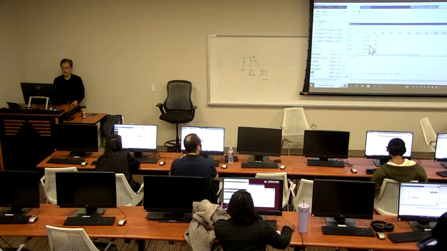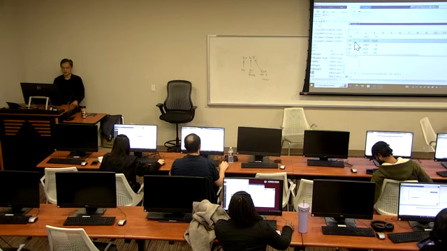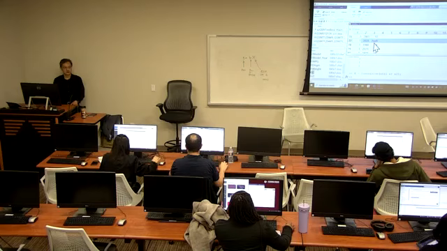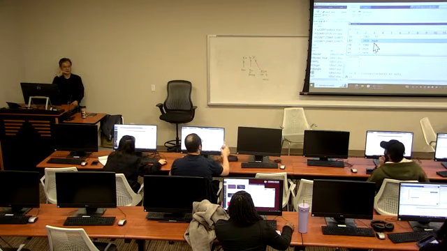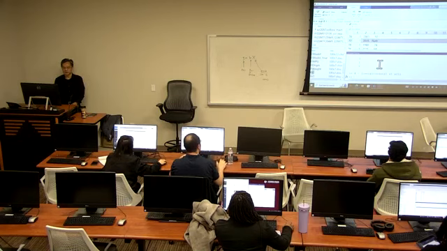So let's see. This is row 77. So I will remove that. Instead of using 100 rows, I will use 99 rows as my input data. Can anyone tell me how to remove this row 77 from X?